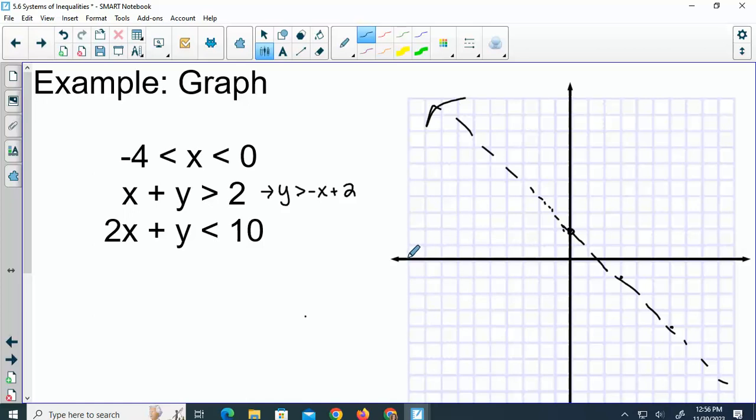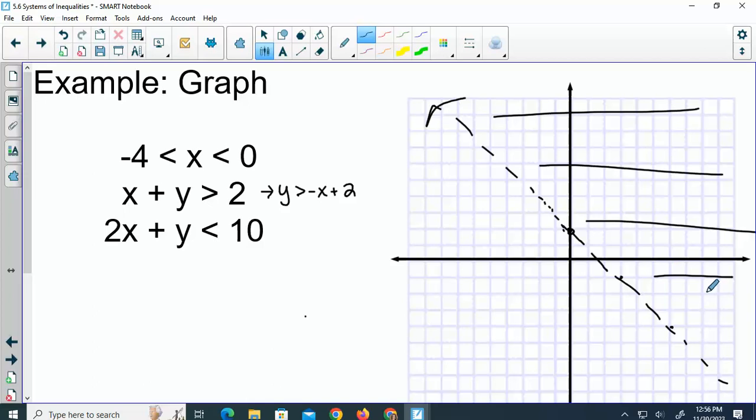Which side would you shade? Top side. Mm-hmm. Put in 0, 0. And you'd have 0 is greater than 2, which is not true, so you can't shade the 0, 0 side.